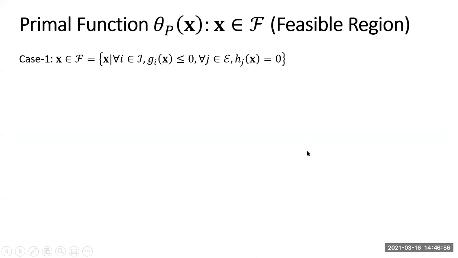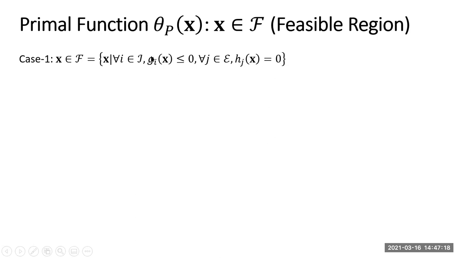Okay, so all the constraints are satisfied by x, which means that every inequality constraint g i of x less than or equal to 0 is satisfied, and every equality constraint h j of x equals 0.